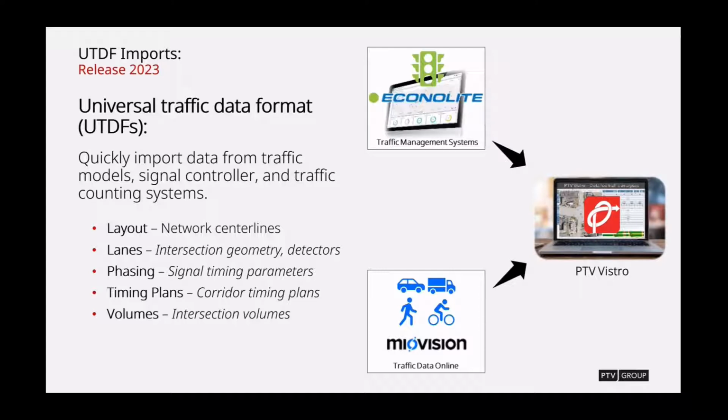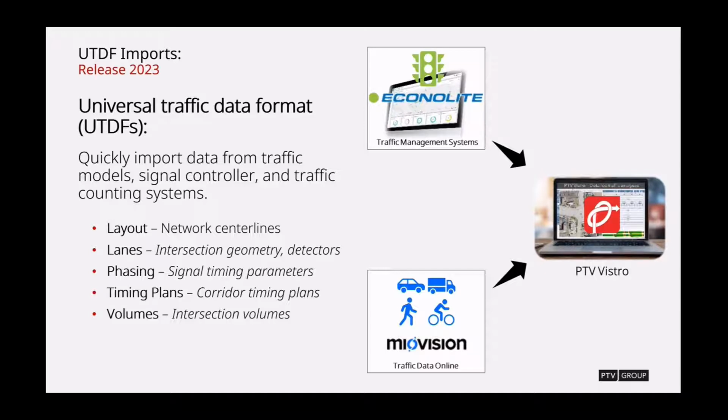And we've also been talking to MyoVision. They have their scout counts that you can get for your local TIAs and stuff like that. Within this, they have two formats that they export as UTDFs. Currently, with the release, we'll export one, but we'll soon have the other one in an upcoming service pack, and I'll explain that.